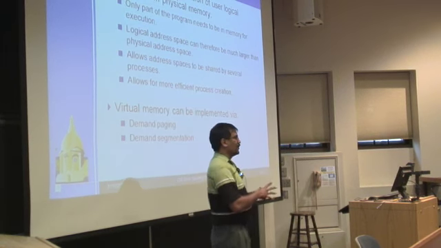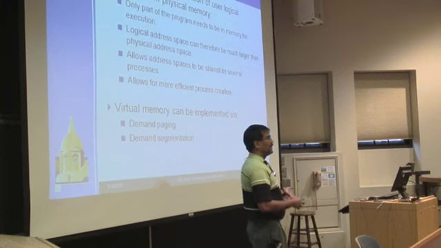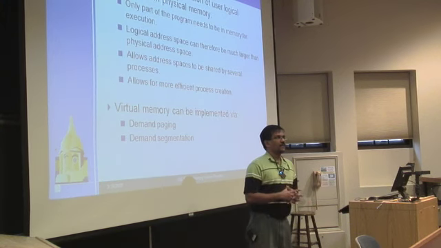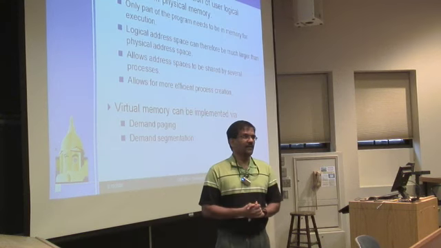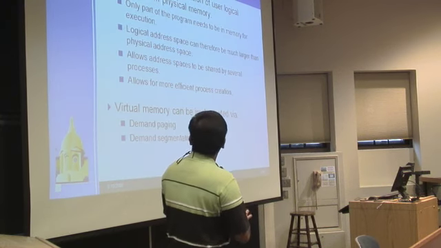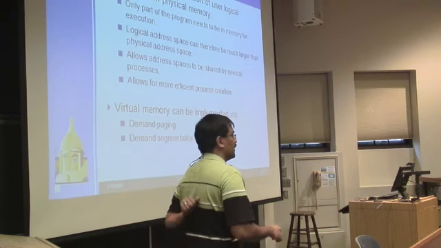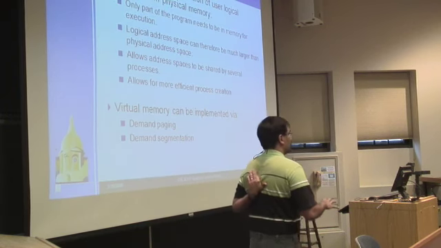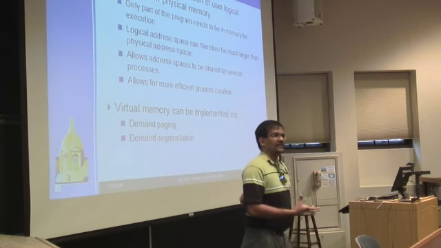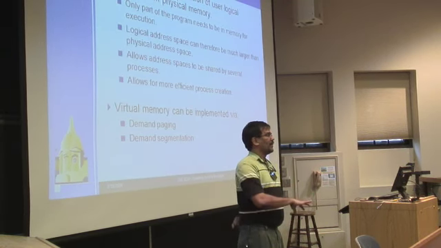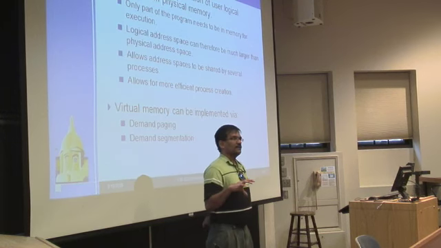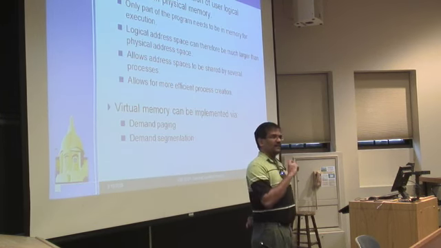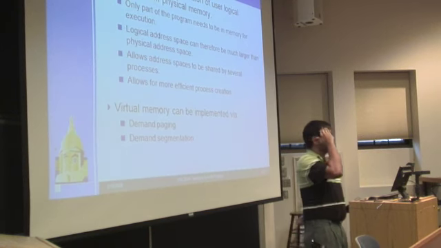Many other things don't change. We still use the same techniques that we learned so far, and some of them we tweak a little bit. In this notion, you want the logical address space to be bigger than the physical address space. Is there a reason why you would want to do it the other way, where the physical address space is larger than the logical address space?